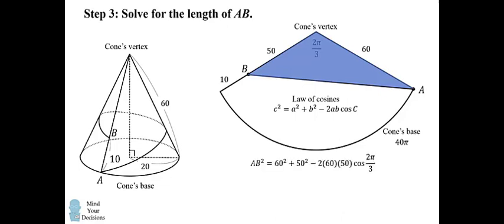So here we have the length of AB squared is equal to 60 squared plus 50 squared minus 2 times 60 times 50 times the cosine of the central angle 2 pi over 3. We can simplify this to get AB squared is equal to 9100, which means AB is equal to 10 times the square root of 91.